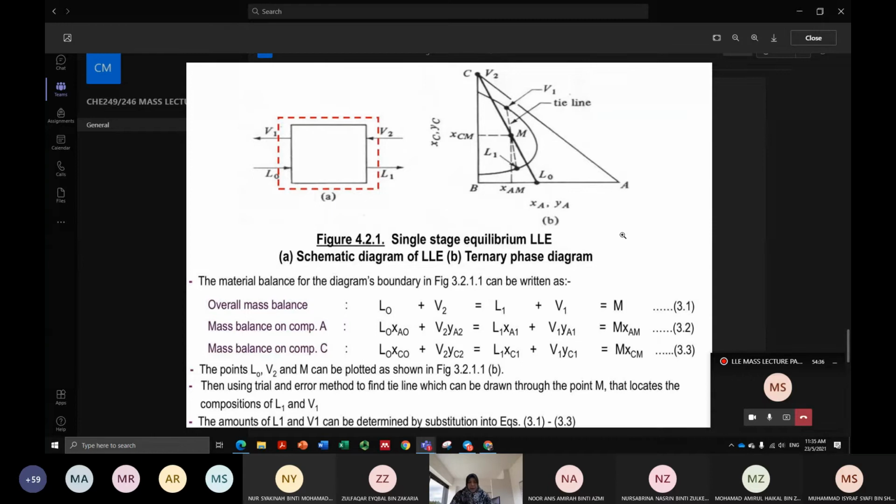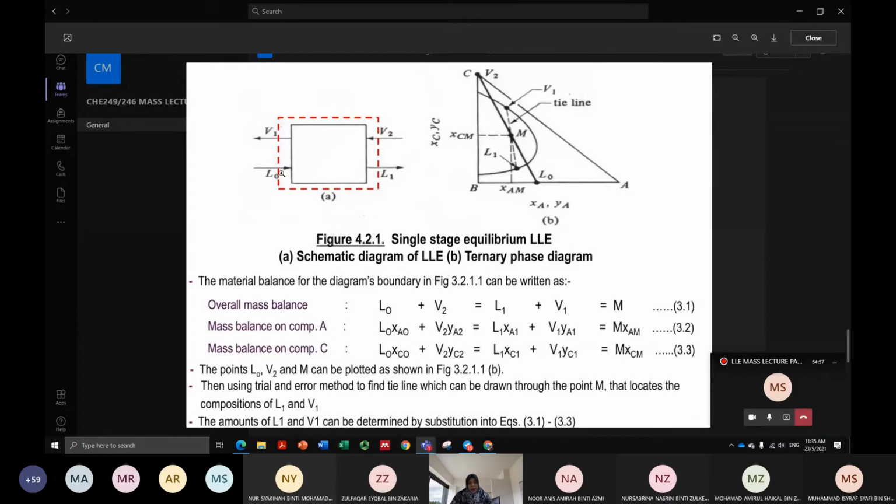If you're dealing with a single stage, you're going to label your streams. If you draw the schematic diagram of the process for the single stage, L0 is always the feed stream, and V1 is always your extract stream.